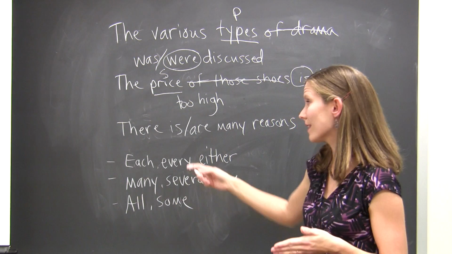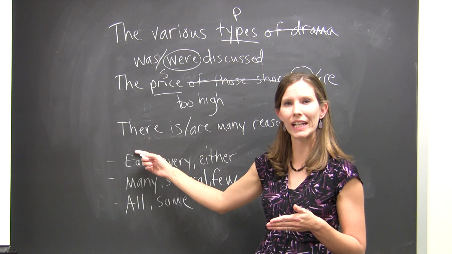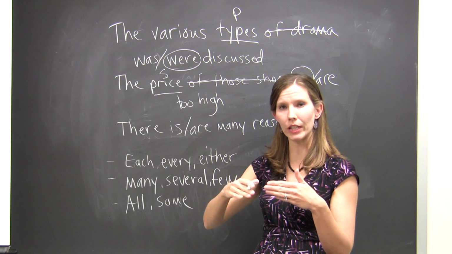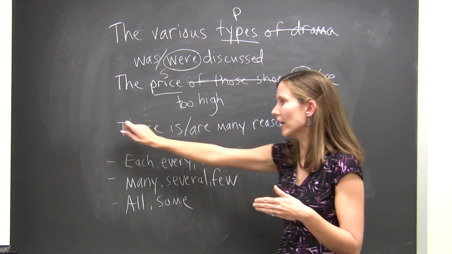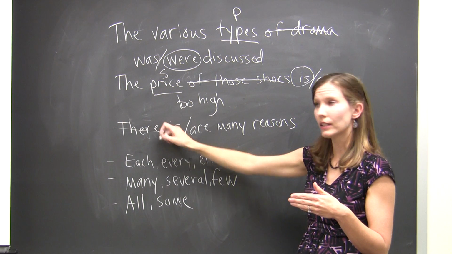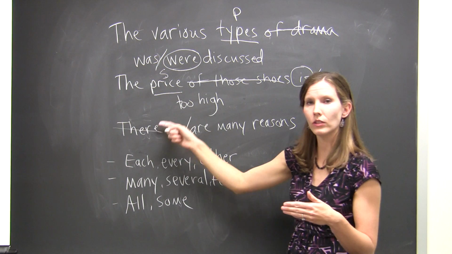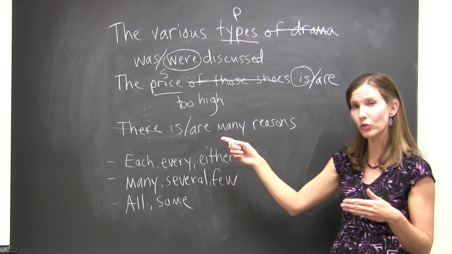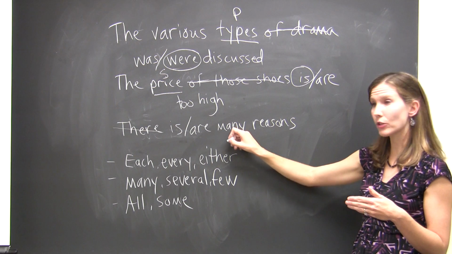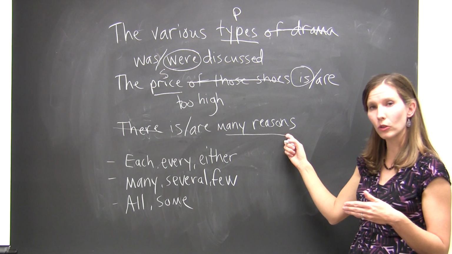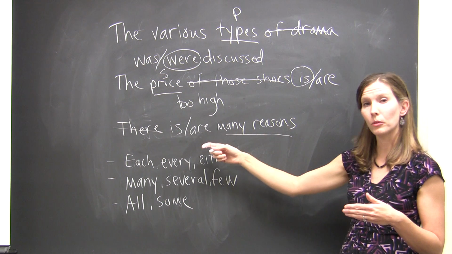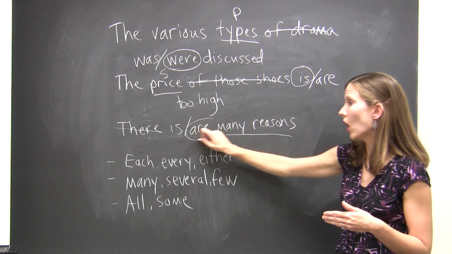So sentences that start with the word there or here are inverted so that the verb comes in front of the subject. So there is not the subject, the verb comes first. You have to look after the verb to see the actual subject. In this case, the actual subject is many reasons. Reasons is a plural noun, so I would choose the plural verb, which is are.